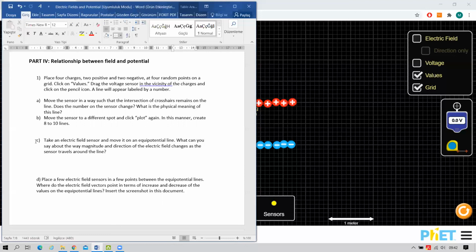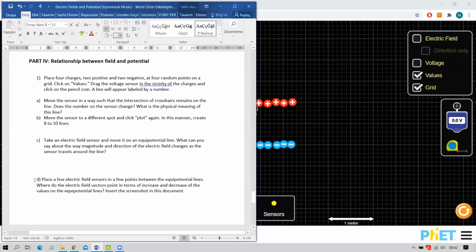Since the electric fields due to the individual charges can be added according to the relationship between the directions of the electric field vectors, the net electric field on the line will not have the same value at every point, but at every point on the line it will be perpendicular to the line.